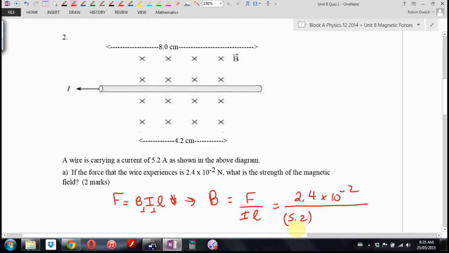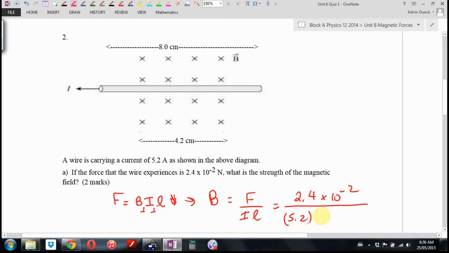5.2. Oh, Mr. Dueck, they gave me 2 lengths. Do I use the 8 or do I use the 4.2? I use the section of wire that's going to be experiencing the force. What's going to be experiencing the force? The total length or the chunk that's inside the magnetic field? The chunk that's inside the magnetic field. I'm going to use the 4.2 centimeters.